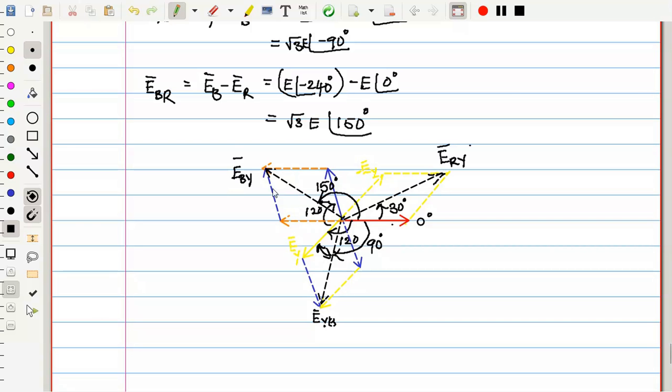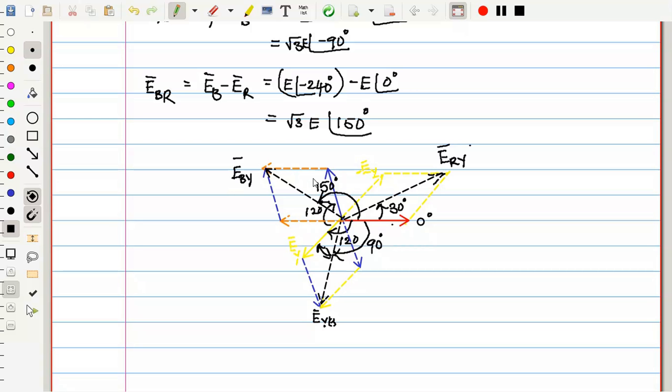Similarly, EBR and EB differ by 30 degrees. These are very important conclusions, and this phasor diagram is very, very important. All of you draw on your own these three voltages, which are ER, EY, EB first.